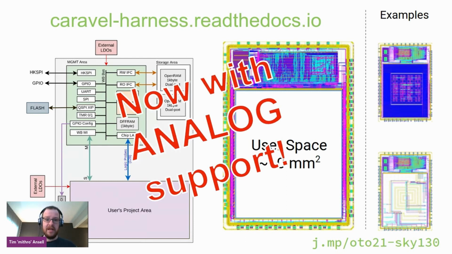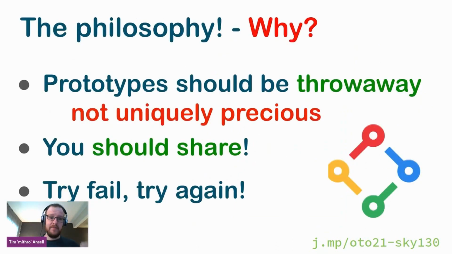And so recently they added support for if you wanted to do analog design without them needing to do custom work. And one of the key things about this is we don't want your prototypes to be uniquely precious.